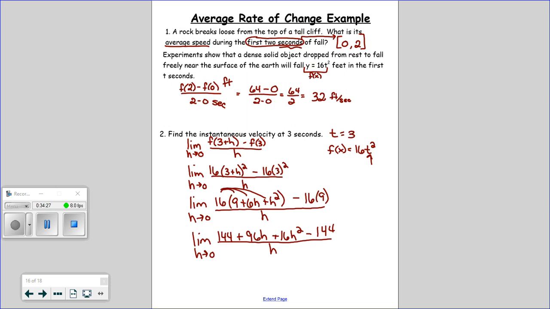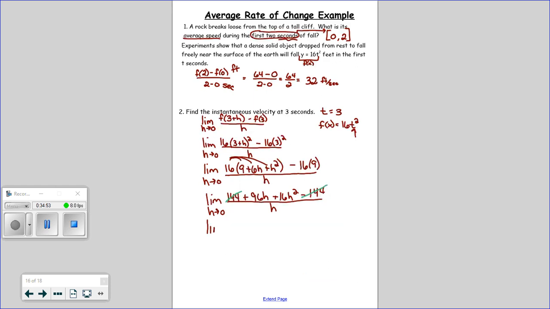Good so far? All right, what you'll notice is I have 144 here minus 144 at the end. Aren't those just going to cancel for me? And the remainder is a 96h and a 16h squared. They have a GCF of h. And so what I can do is pull that GCF out front so that I can simplify it with what's in the bottom here.